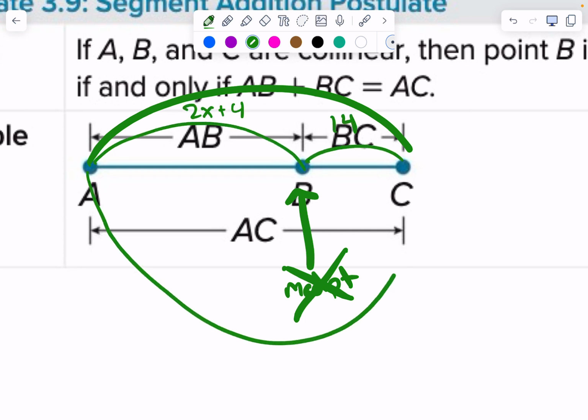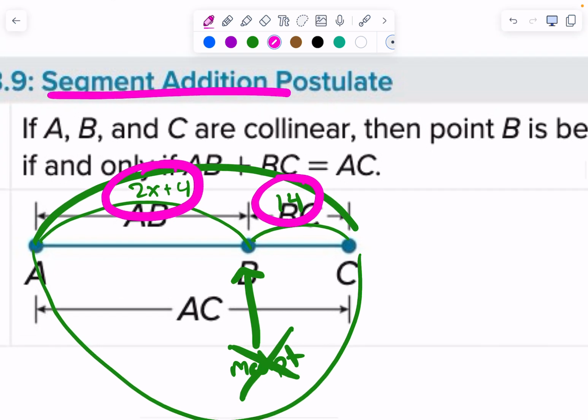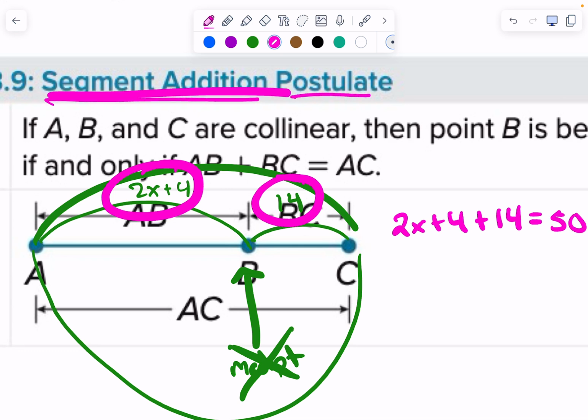And they say the whole thing is, I don't know, 50. These are no longer equal to each other now, right? But they add together. It's segment addition, right? 2x plus 4 plus 14 is equal to 50, right? And then we solve, okay? That is called the segment addition postulate.